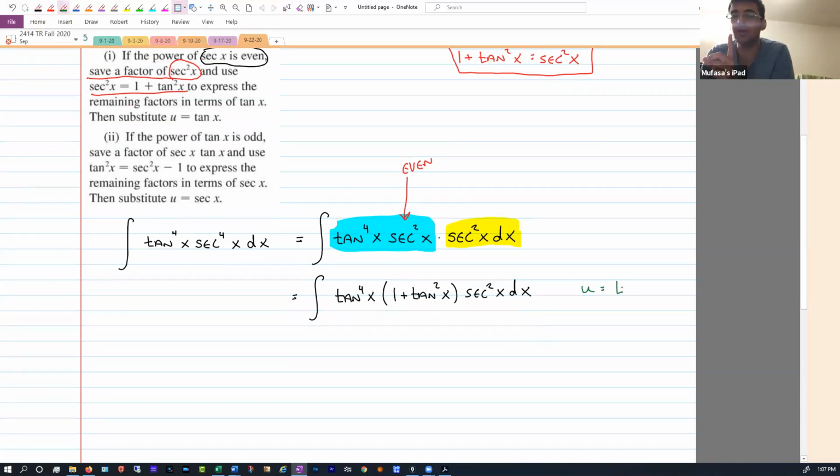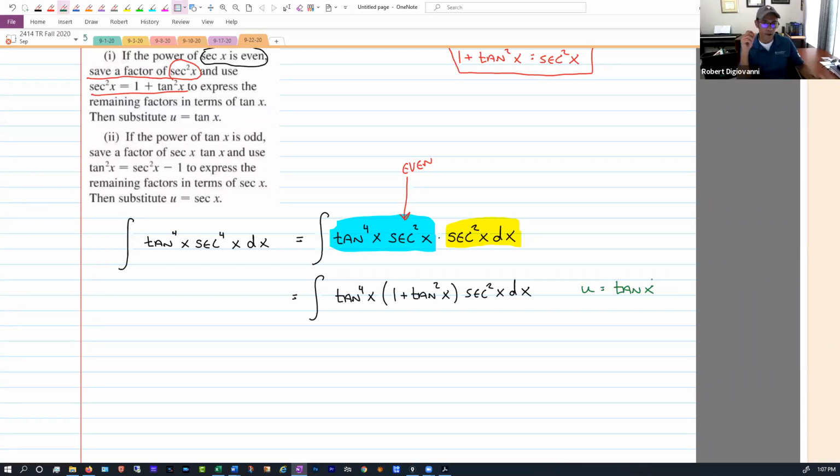I have a question. Yep. So in order to break it down so that you could have used the 1 plus tan squared identity, you broke it down into two separate parts. Yes, I broke it into secant squared, secant squared? Yes. Okay, so the main reason I did that is to have the part in yellow, because that's the derivative of tangent.